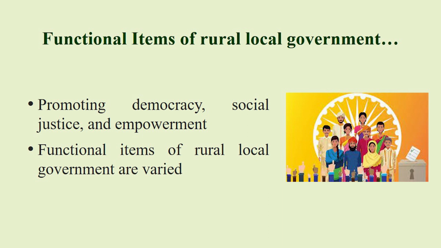So, the functional items of rural local government, or the Panchayati Raj Institutions, in India are varied and wide ranging. Let us understand from the 11th schedule of the Indian Constitution, Article 243G, which consists of the details regarding rural local governance and its functional items. There are about 29 functional items in the 11th schedule. Let us look at them one by one.